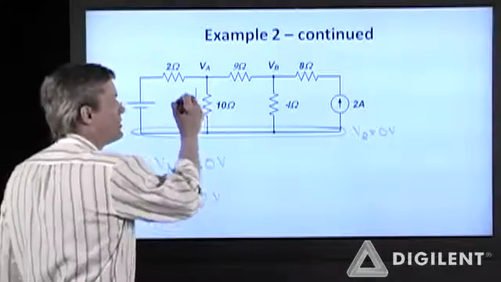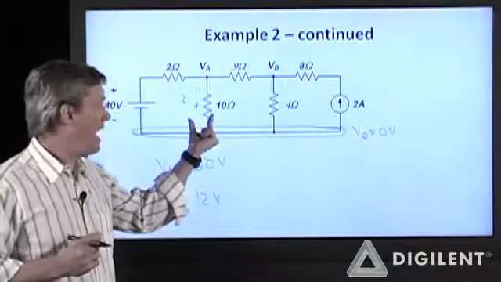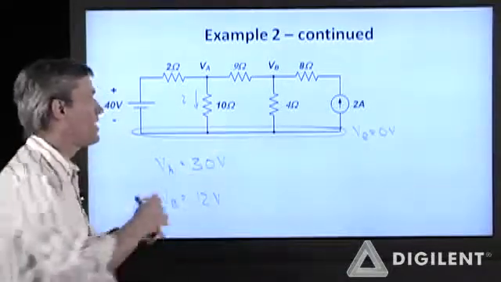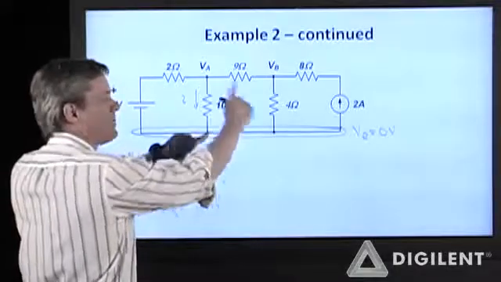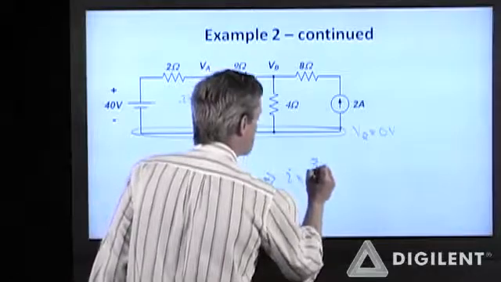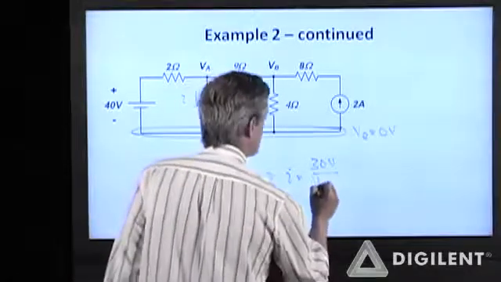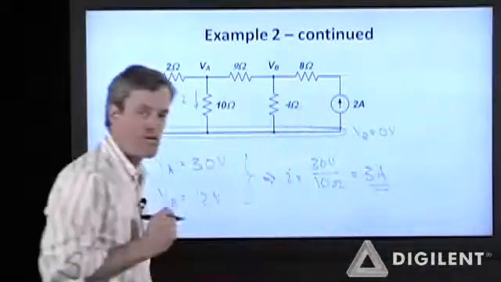My original problem statement said I wanted the current I through this 10 ohm resistor. I can determine that current by applying Ohm's law between V sub A and the reference voltage. So I is 30 volts over the resistance, which is 10 ohms, so I is equal to 3 amps.